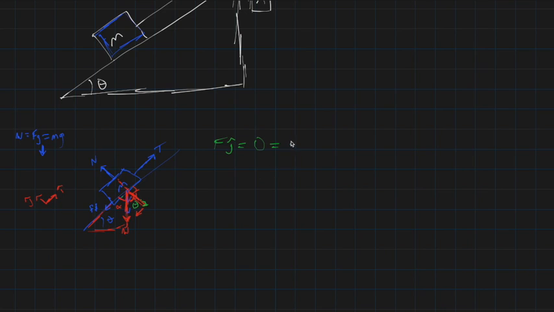It's going to be cosine of theta times the weight, and that is equal to mg, as we said over here. Now, we know this can't equal 0, so we must have some other component that's equal to that. Well, that is the normal. And when we solve for it, we get the normal force is equal to cosine of theta times mg. And that is our forces in our j hat direction.